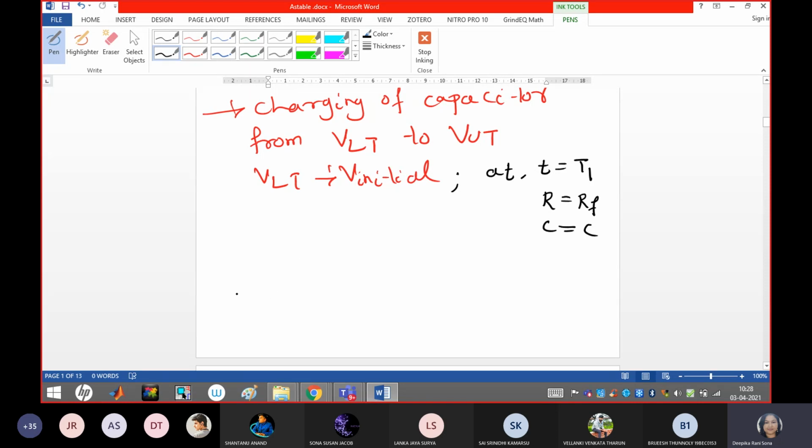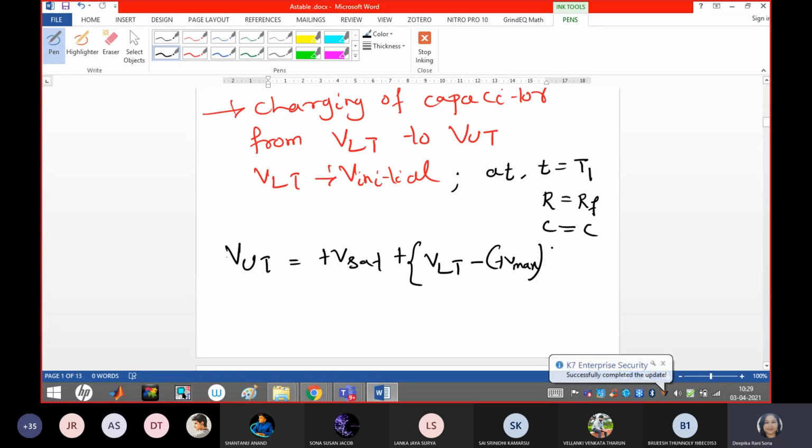So here the new form of equation, if I substitute the value: Vc of t is nothing but VUT, which is equal to plus V sat, that is Vmax, plus VLT minus plus Vmax, right? So I have to change the brackets: minus of plus Vmax. Then here it is e to the power minus T1 by RFC.